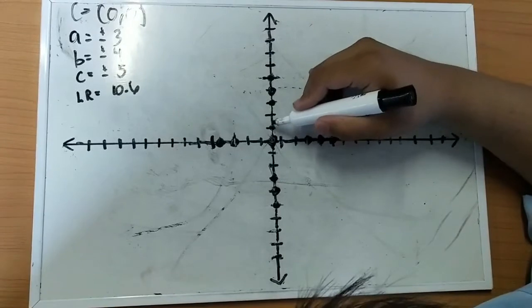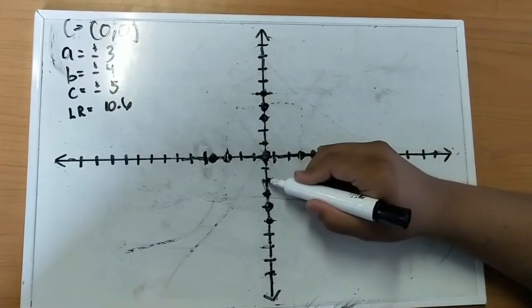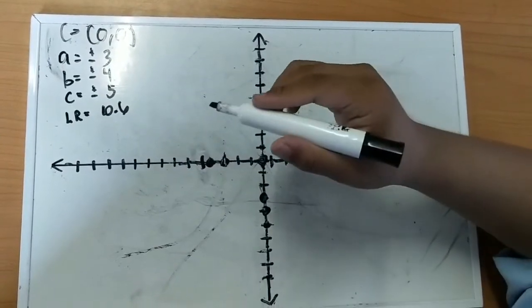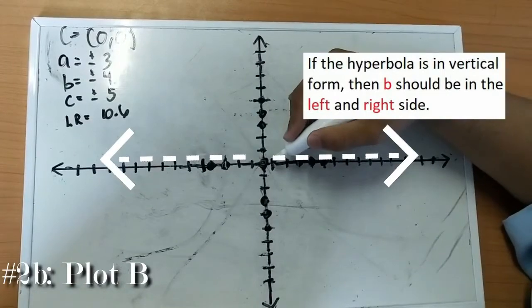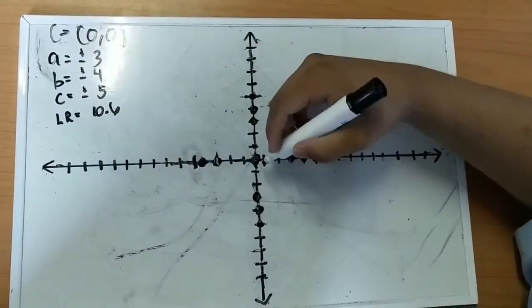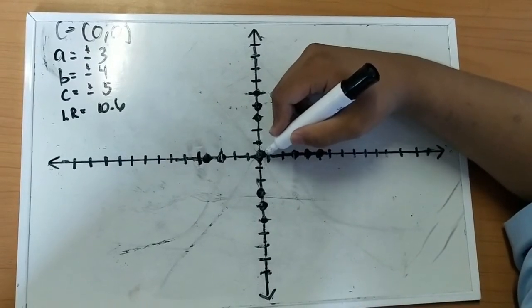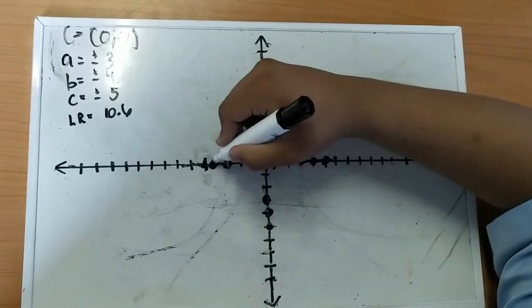So we need to count 1, 2, 3 right here. Also, in the other side, 1, 2, 3. Second is the B, which is positive and negative 4. We're going to plot it here, in this axis. So we're going to count from the center. 1, 2, 3, 4 right here. Then 1, 2, 3, 4 right here.